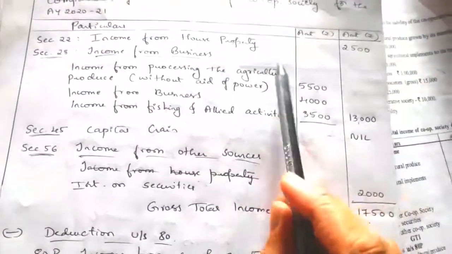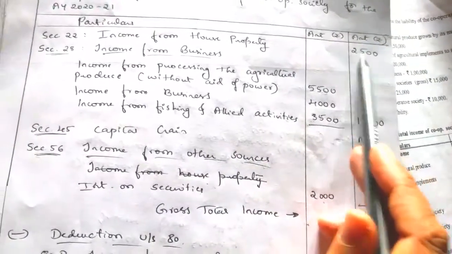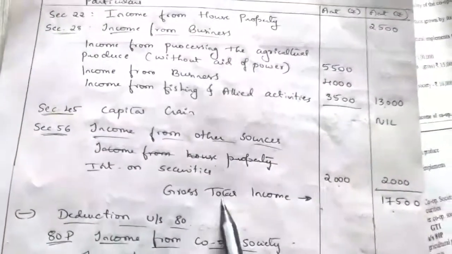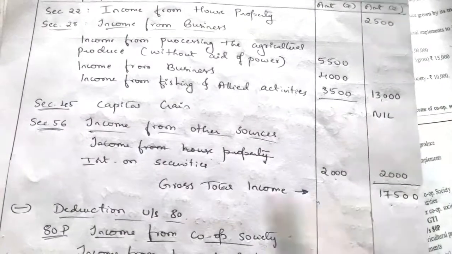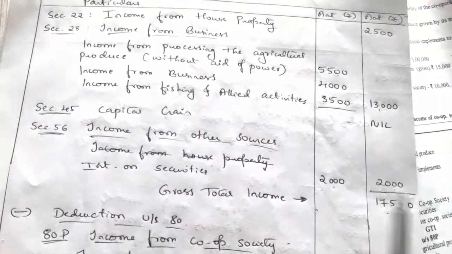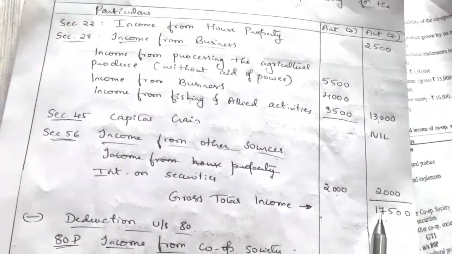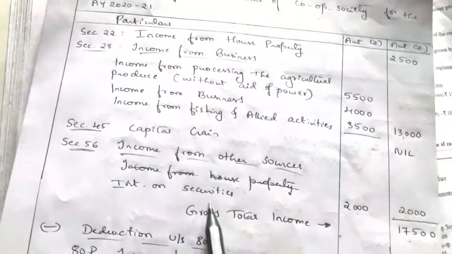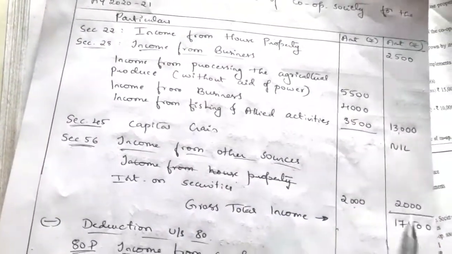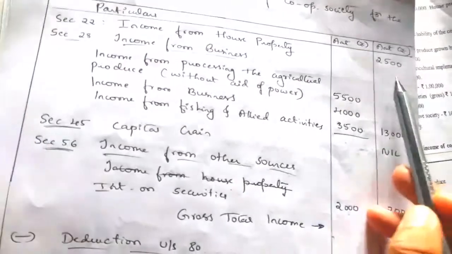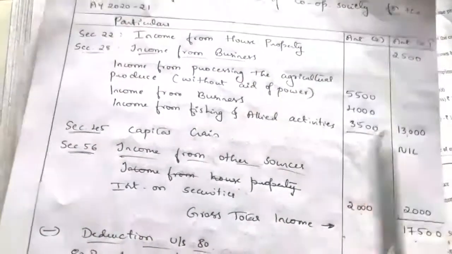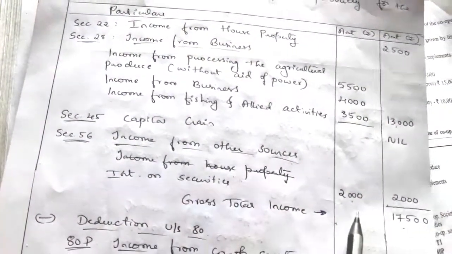Here we have first income from house property, 2,500. If GTI is less than 20,000, then we can claim deduction for the house property income as well as interest on securities.